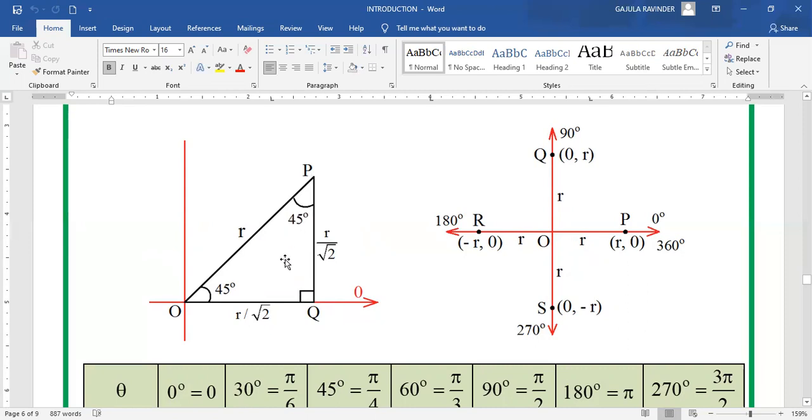Got the point here? Now, from this you can take all the ratios, like sine 45 equal to opposite side by hypotenuse, R by root 2 by R is 1 by root 2. Whereas cos 45 is also R by root 2 by R, is 1 by root 2.